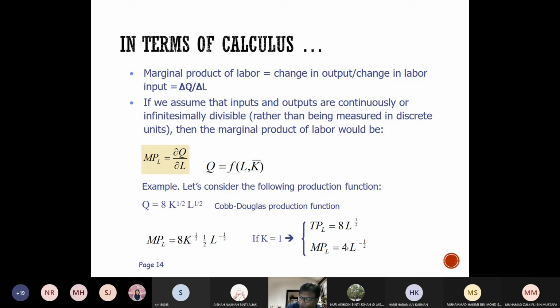So you get 4 L to the power of minus half. So the marginal product will be 4 times L to the power of minus half. This is the example of how you need to do it in that problem.